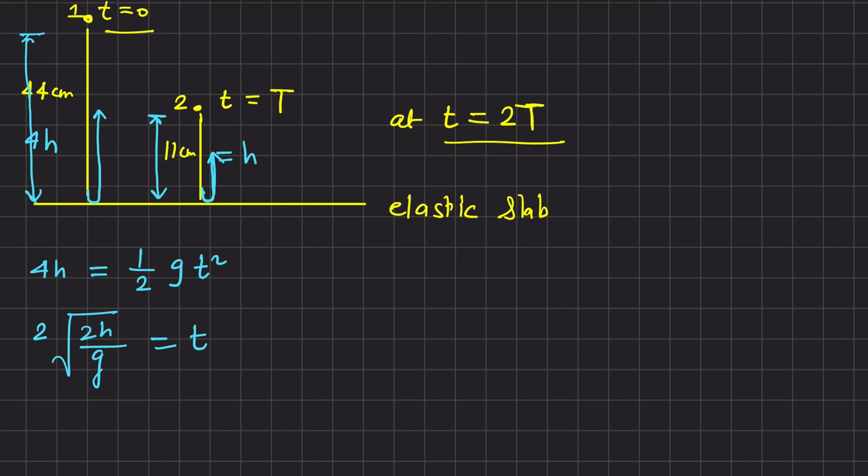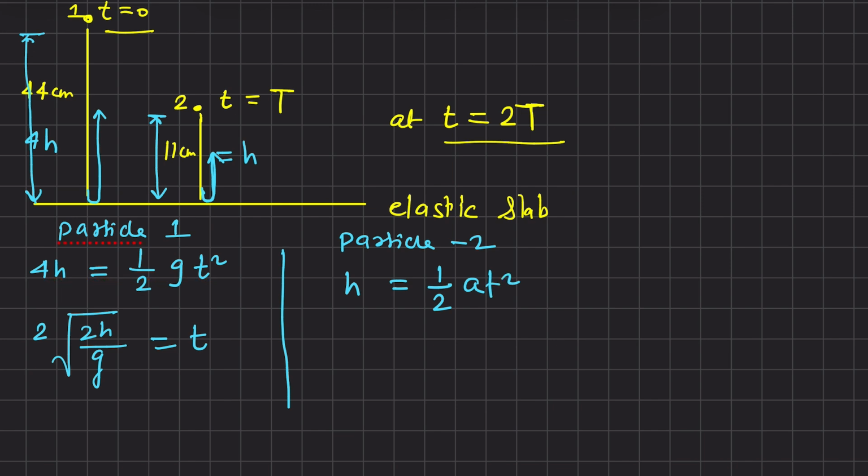That is for particle 1. Now for particle 2, h is equal to half g t dash square, and that will be t dash equals under root of 2h by g.